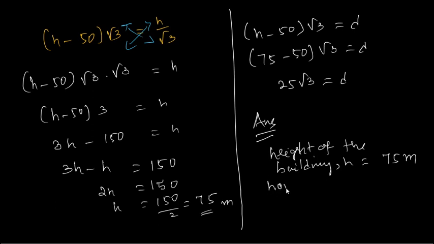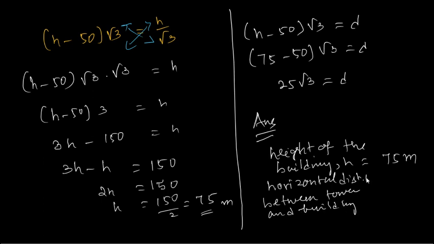So horizontal distance between the foot of the tower and the foot of the building, that is equal to how much? That is 25 root 3, it is represented by D. So 25 root 3. So this is the answer. Okay.